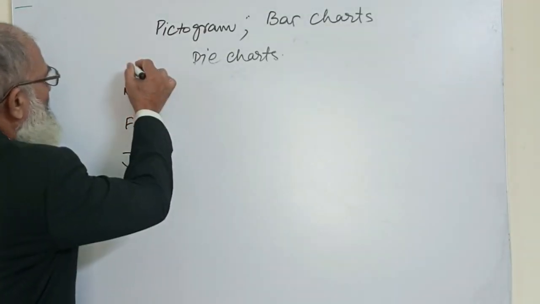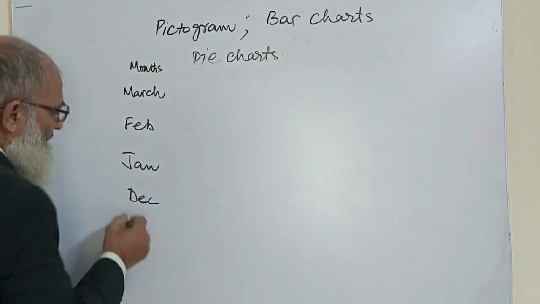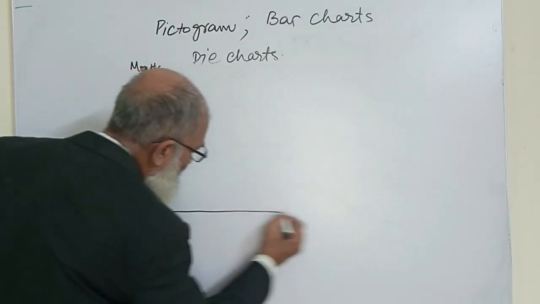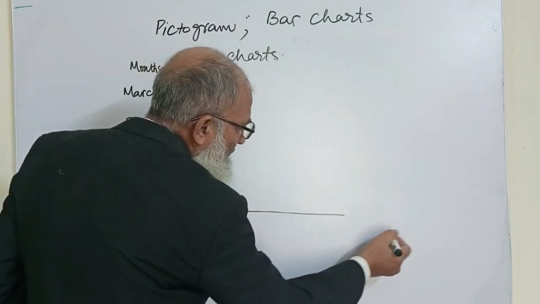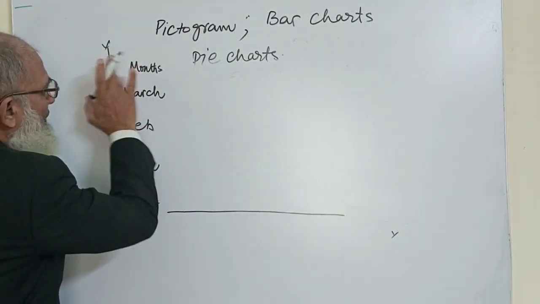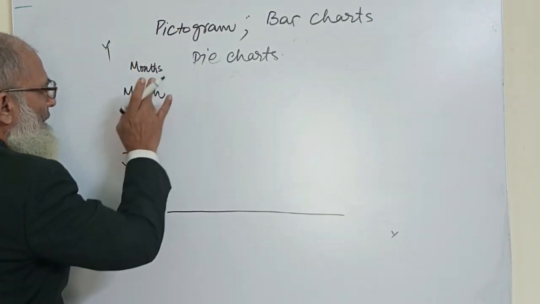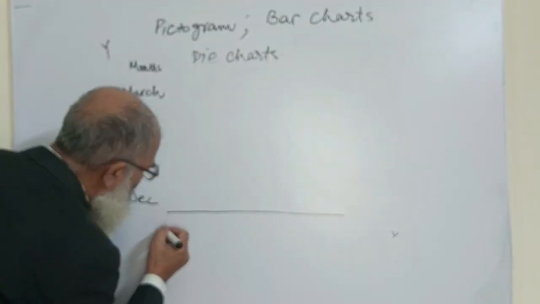Now these are the months which we have taken on the y-axis, and these are the days which we have taken on the x-axis. Now this is the x-axis and this is the y-axis. So we have taken months on the y-axis and days on the x-axis.